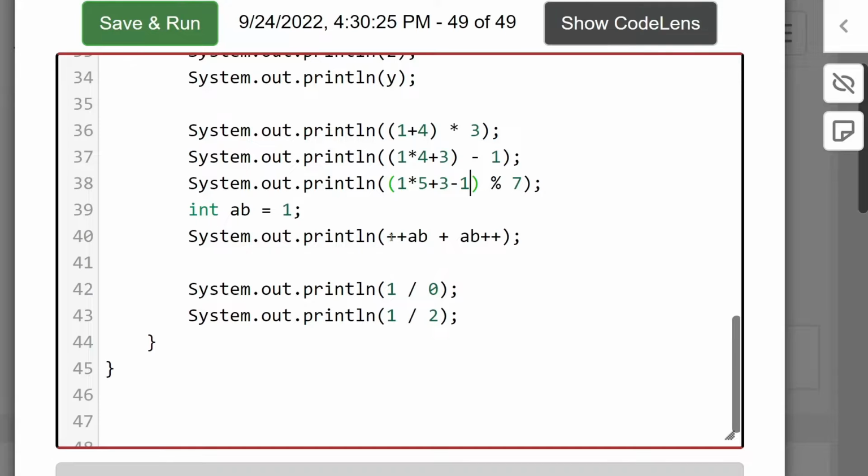Now a little bit about post and pre-increments. So we have a variable of type int because it stores a numerical value, and we're going to call it AB, okay? And then this runs here. I just want to mention something very interesting about how this works, okay? So AB is inputted into the expression before anything else, okay? So when it comes to a plus plus AB and an AB plus plus, right?